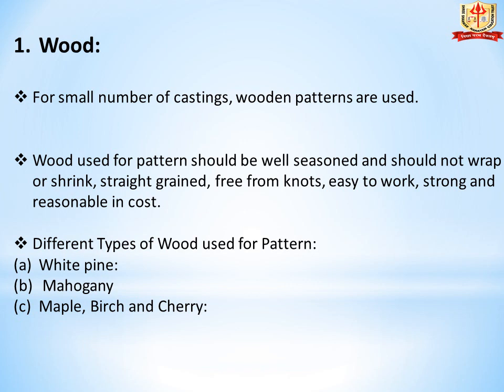Straight grain, free from knots, easy to work, strong and reasonable in cost. Different types of wood used for patterns are: first white pine, second mahogany, third maple, beech and cherry. These types of wood are used for the wooden pattern.